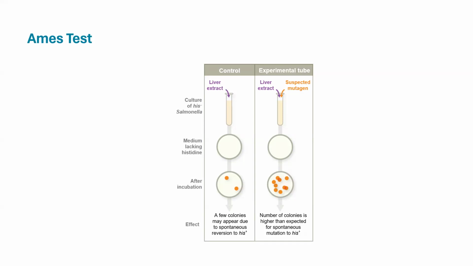Then you're going to grow them on that same medium that doesn't have any histidine in it. And if it's a mutagen, then you will see more colonies that have the ability to make histidine than you would expect from spontaneous mutation, right? So there's going to be more than would be in your control.